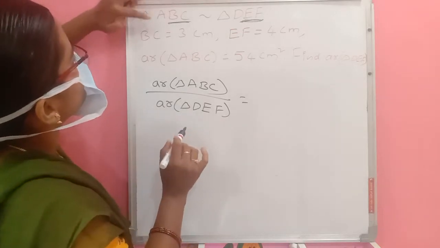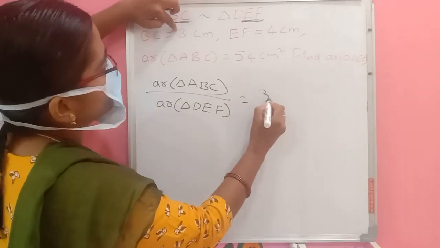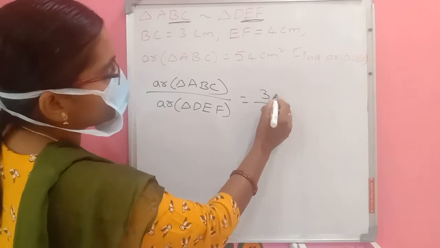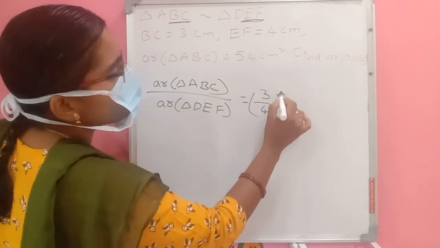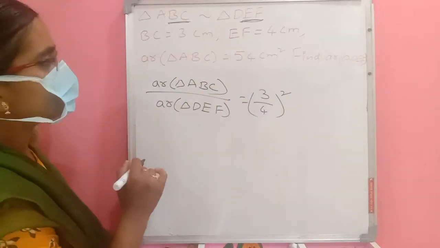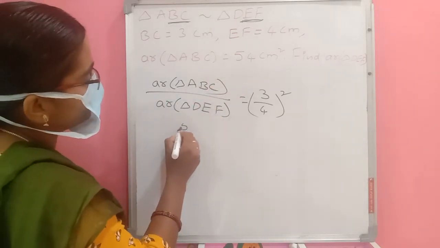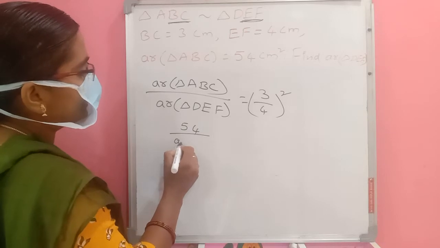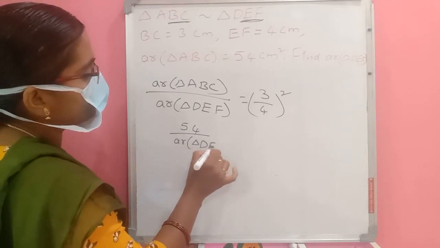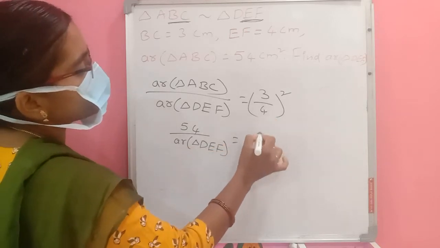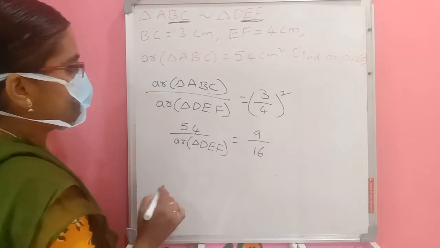So BC is 3 by EF 4, ratio squared. So 3 by 4 whole square. Area of triangle ABC, they have given 54, by area of triangle DEF. Here 3 square is 9, by 4 square is 16.